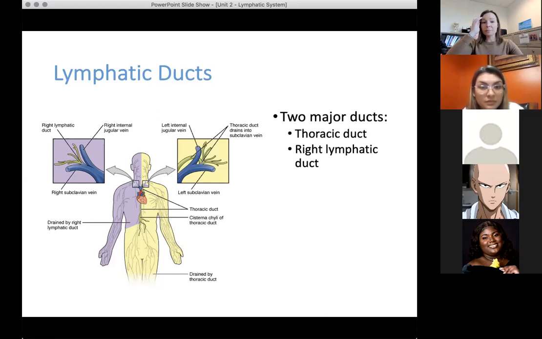And then one more thing to add, it empties lymph into the left subclavian vein.